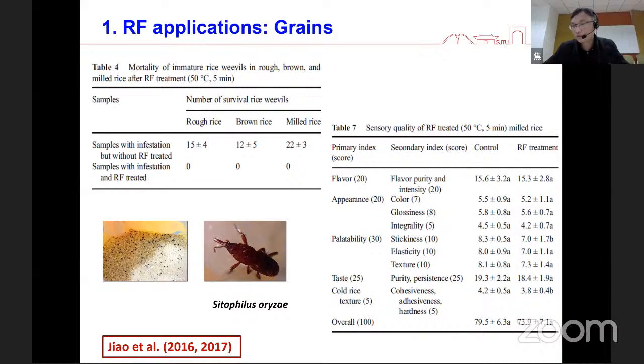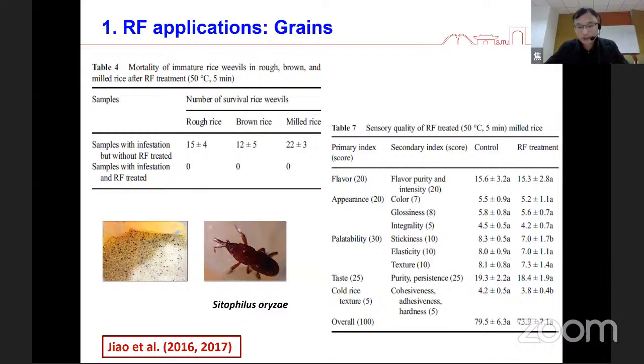We all know that before the rice milling process, most of the time we need a drying process to reduce the moisture content to a suitable level for the milling process, right? So we propose to use this technology as a simultaneous disinfestation and pre-drying method, right?